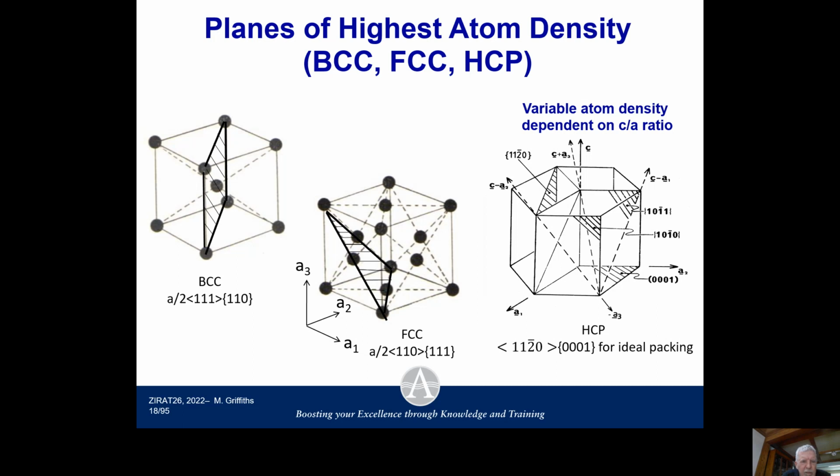It's where this atom will just move that far in a perfect translation. So each of these processes involves a series of partial shears where the atoms will move to intermediate low energy configurations, and I'll talk about that in a minute.